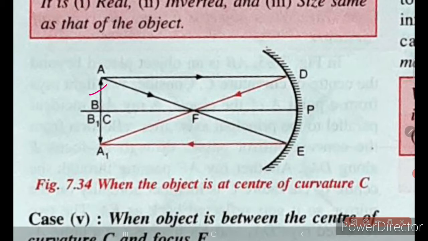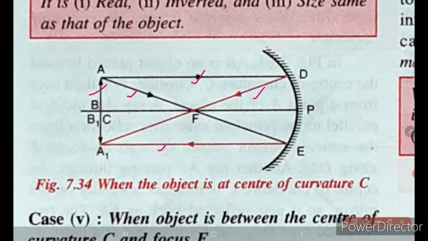Again I need to use the convenient rays. The first ray is the same as before: any ray parallel to the principal axis after reflection should pass through the focus. For the second one, since the object is at the center of curvature, I cannot take the ray from the center of curvature, so I am taking the other case, where the ray passing through the focus after reflection becomes parallel to the principal axis.